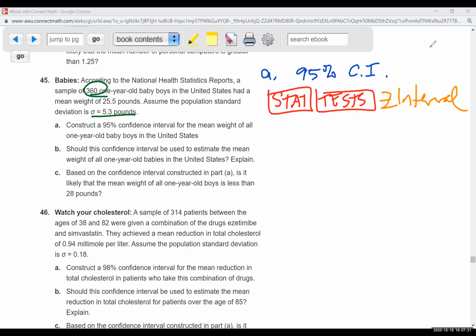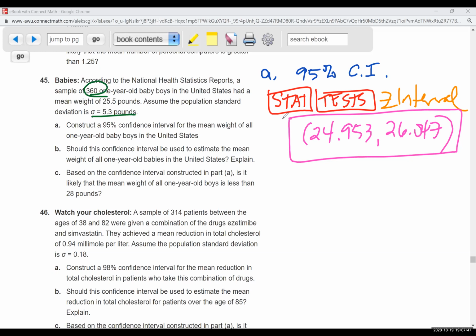So make sure to highlight stats so that you will be able to enter the standard deviation, the mean, and your n, and then the C level 0.95. Yes, so that is the correct answer. 24.953 and 26.047. So in our quiz or test, you can just copy this as your answer.